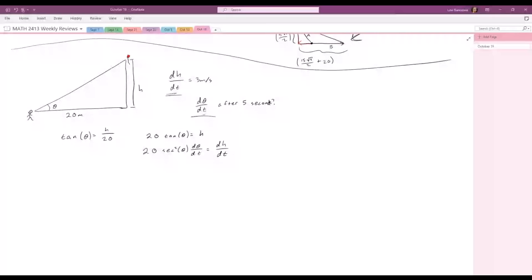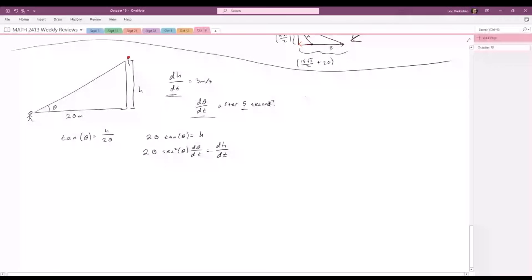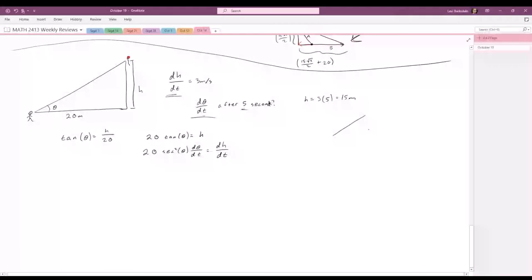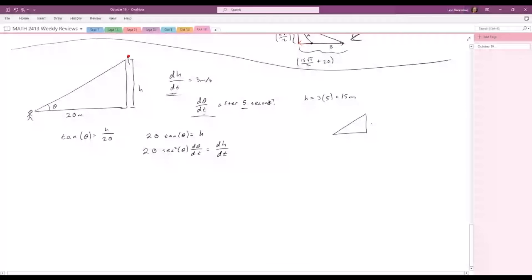So, we need to be able to find theta. After 5 seconds, because dh over dt is 3 meters per second, h would then be 3 times 5, which is 15 meters. So then I have a triangle that looks something like this, 15, 20, and I'm looking specifically for theta.